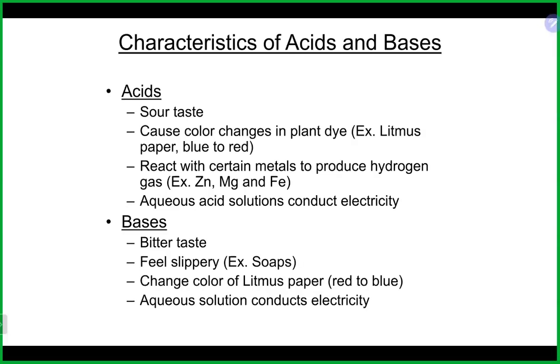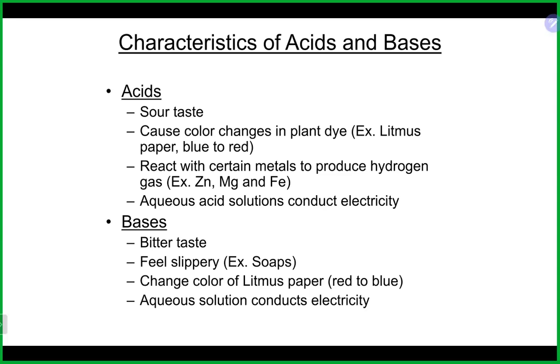So some characteristics of acids and also bases. Acids have a sour taste. So we see acids like acetic acid, which is the major acid in vinegar, citric acid in fruit, and stuff like that. They will change litmus paper from blue to red.